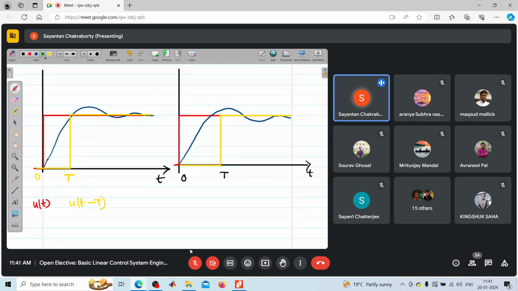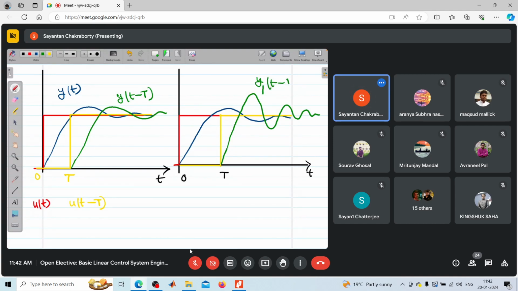Now under that condition, in the first case, the response is identical, so if this is y(t), this is y(t minus T). But in the other scenario, the output response becomes this, y1(t minus T), and this was y(t).